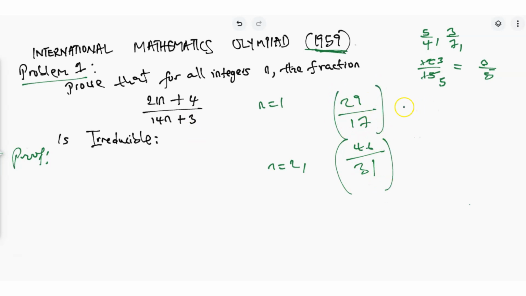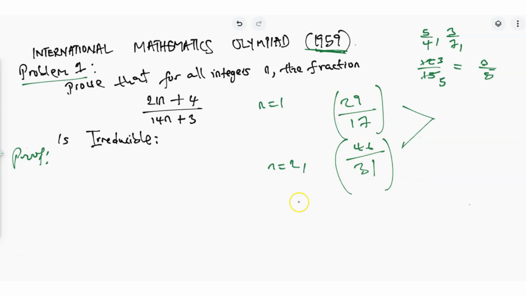Now you can observe that in these two cases, there's no way you can divide them by any number to reduce it further. For the first case, 29 and 17 are both primes. For the second case, one is even, and one is odd.